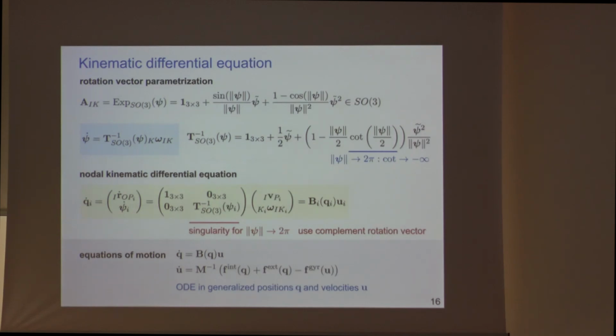Nowadays, or one year later, we proposed to use not rotation vectors, but unit quaternions on a nodal level. Then we don't have any singularity problems at all.